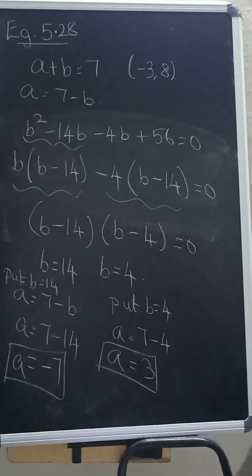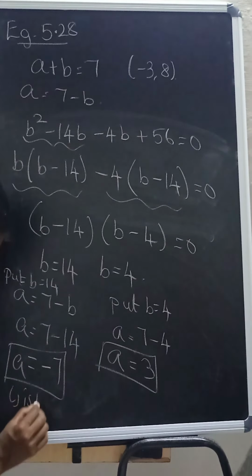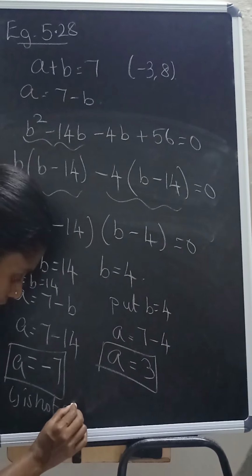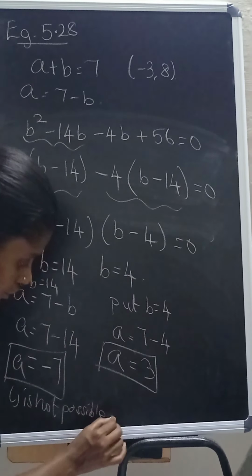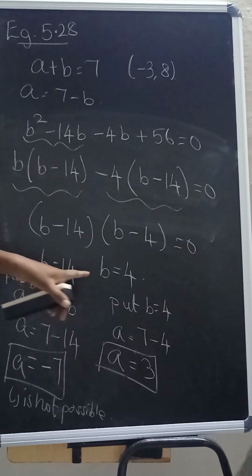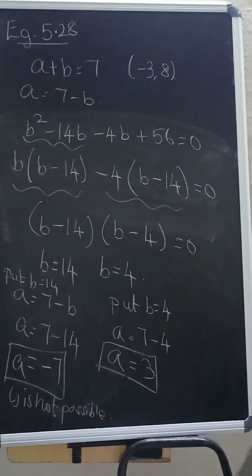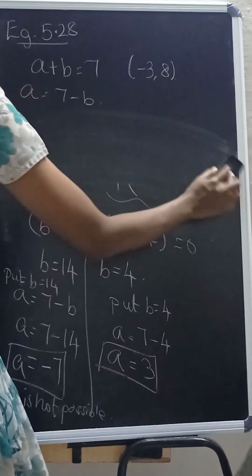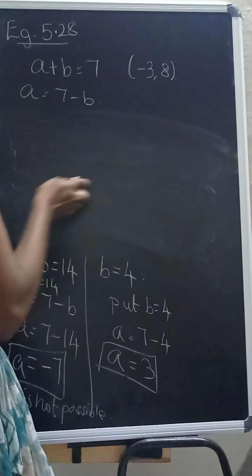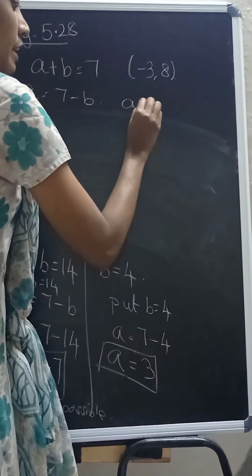Now they have given you in the question a line makes positive intercepts on coordinate axis. So they have already given positive intercepts. So this is not possible. So we will take a = 3 and b = 4. Now we have got a = 3 and b = 4.